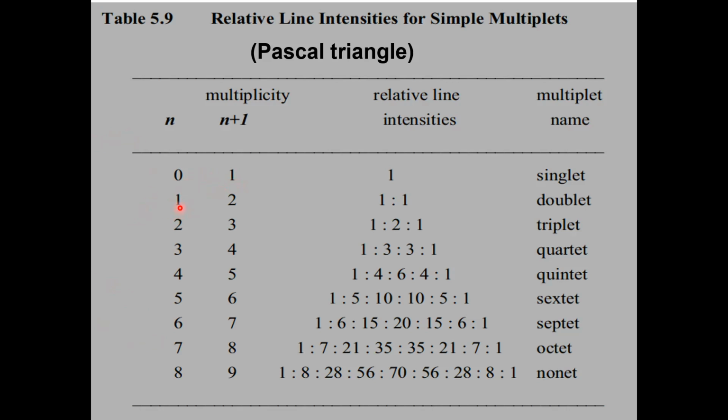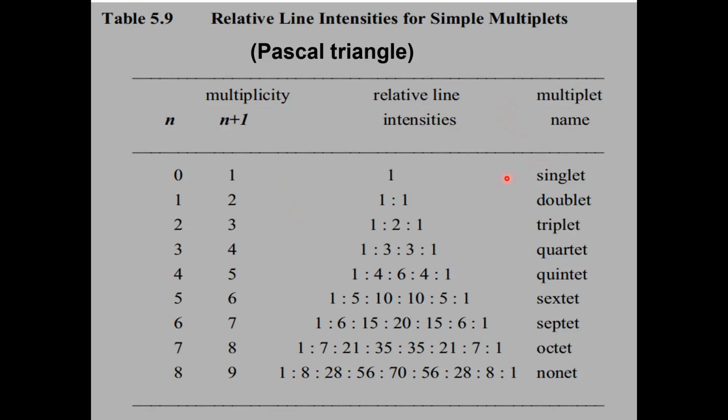If there is one, the number of lines will be 1 plus 1, so it will be a doublet, and so on. We have different forms of multiplets: doublets, triplets, quartets, quintets, sextets, septets, octets, and nonets, based on the number of protons on the adjacent carbon to this proton. This is called proton multiplicity.